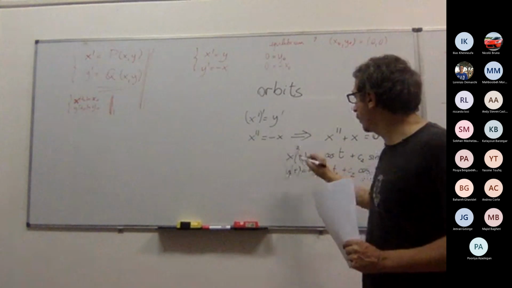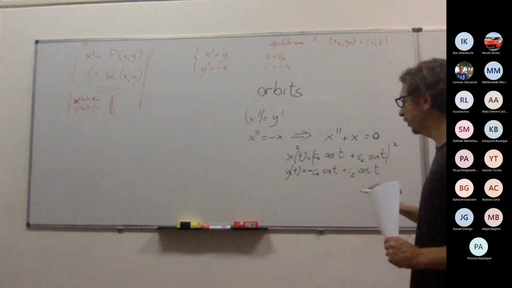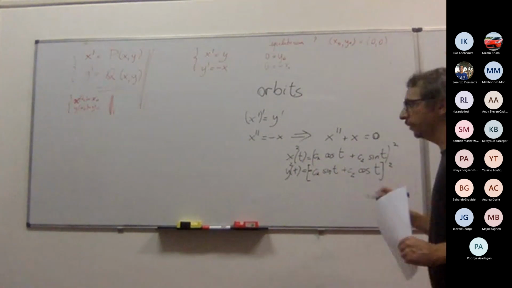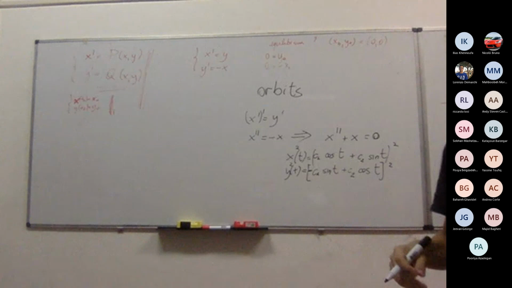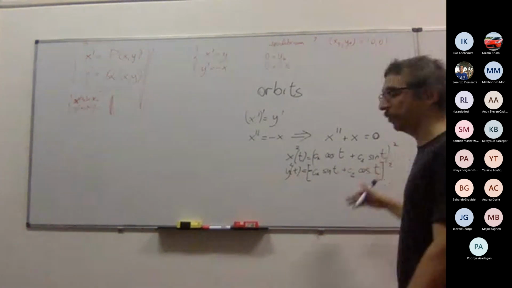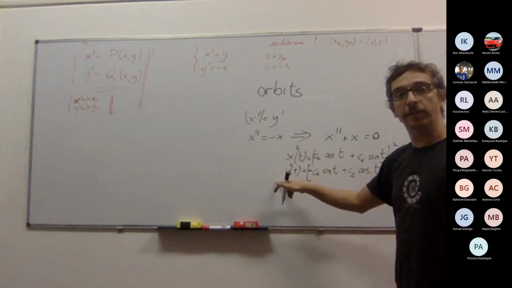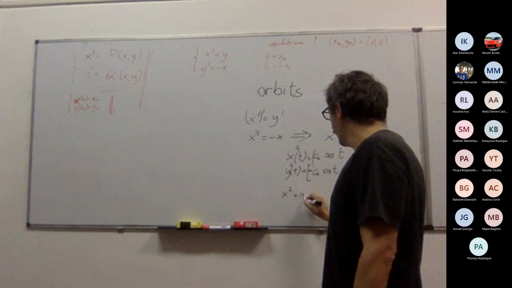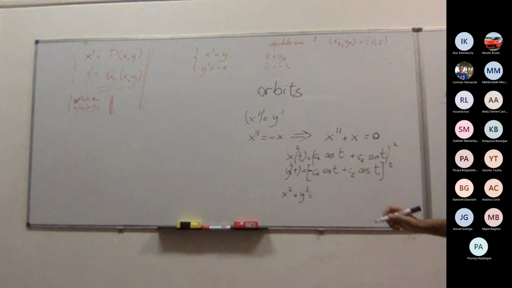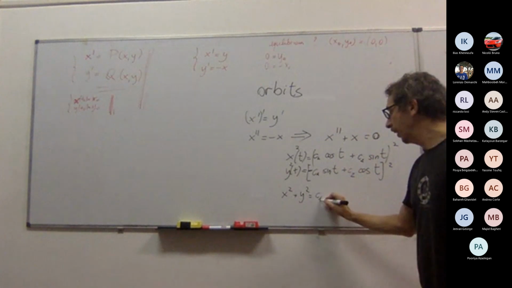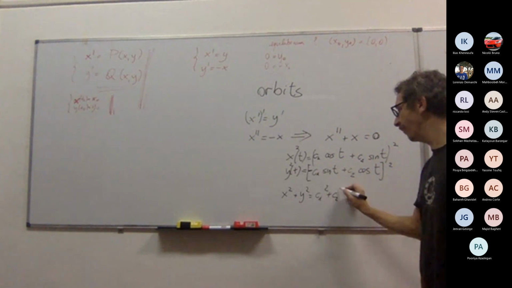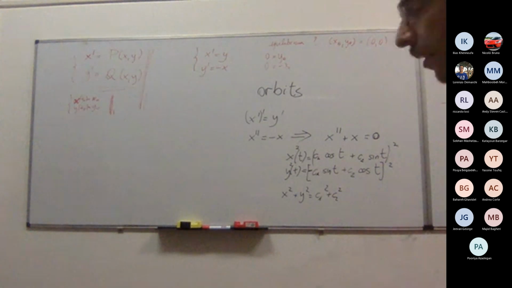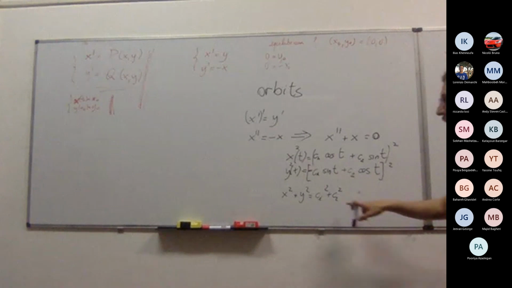So x squared is this thing squared, y squared is this other thing squared, and then I sum the two contributions. What I obtain is x squared plus y squared equal to, and you can do the calculation by yourself to convince yourself, c1 squared plus c2 squared.